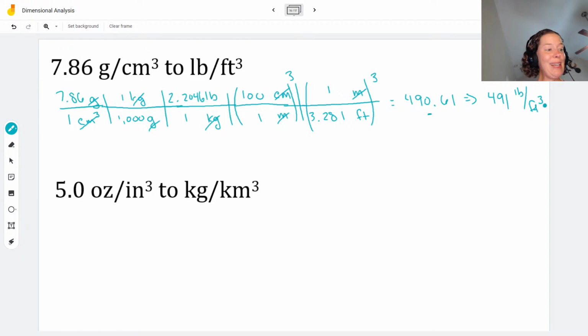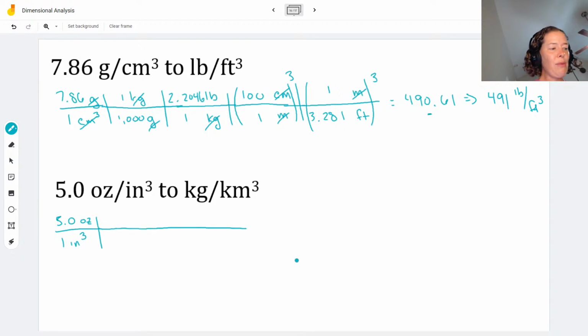All right, our last one, again, this is another long one because we've got to convert from ounces per inches cubed to kilograms per kilometer cubed. So I have to go ounces to kilograms in my numerator and inches cubed to kilometers cubed in my denominator. So 5.0 ounces per 1 inch cubed.